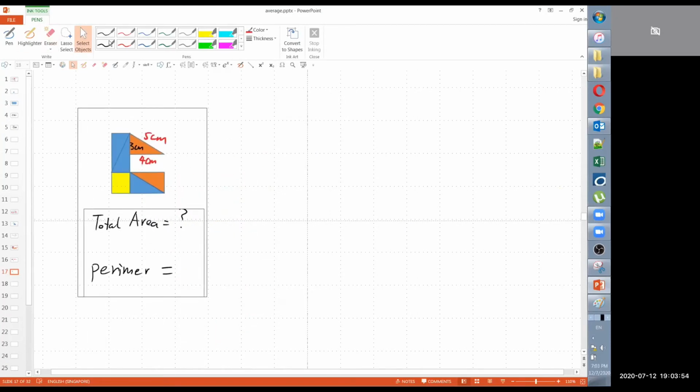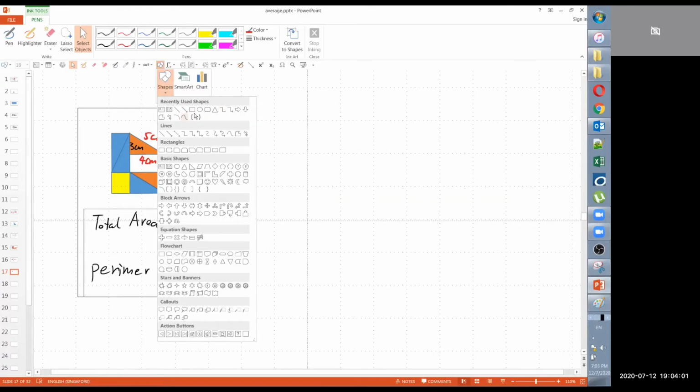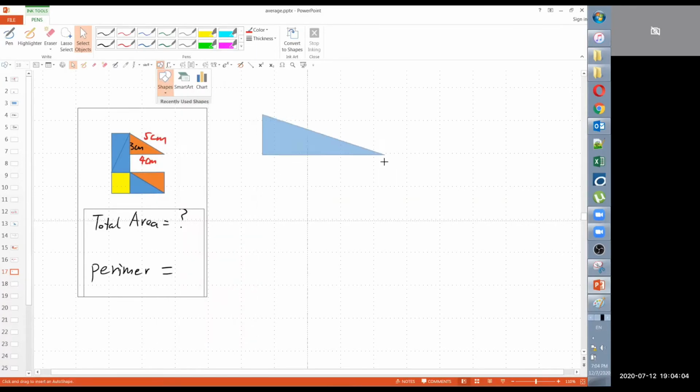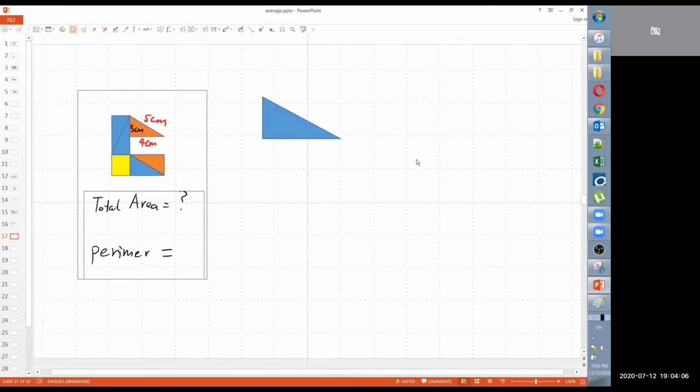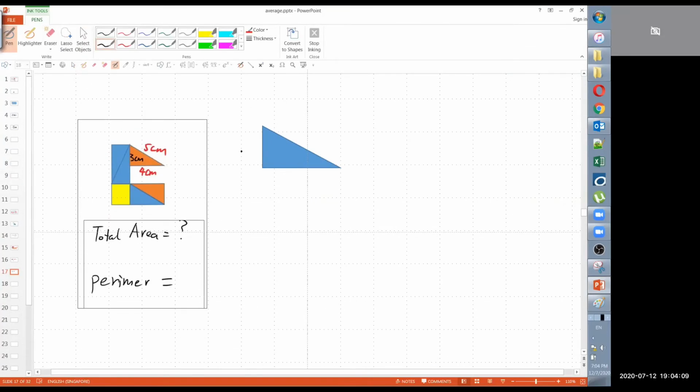To do it, what you need to do is, let me insert the shape first. Okay, this is given as what? 3, 4, 5. Right? Now, you are asked to find this. Here. Right? Question mark. Right?